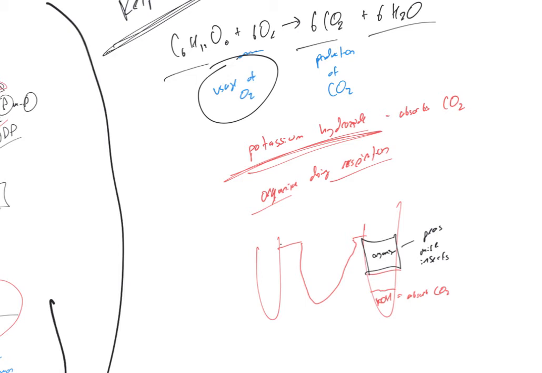So this tube right here is filled with water. In this chamber here, oxygen is being used. So oxygen is going down, and the carbon dioxide is being absorbed by the potassium hydroxide.